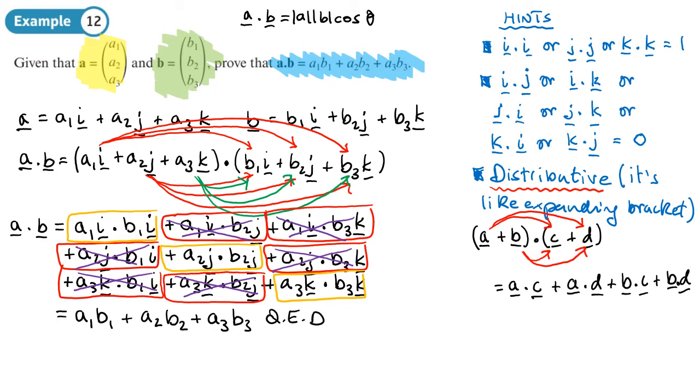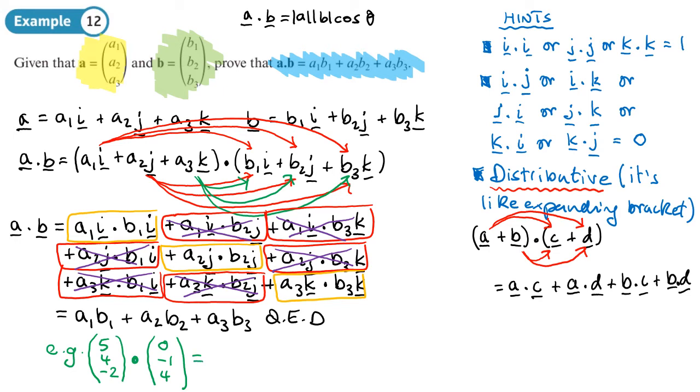Now, how might we use this? Here's an example of how we might use this. So let's say I had two vectors, and one vector was the vector 5, 4, minus 2, and another vector was the vector 0, minus 1, 4. And I want to find the dot product of those two vectors, or the scalar product of those two vectors.